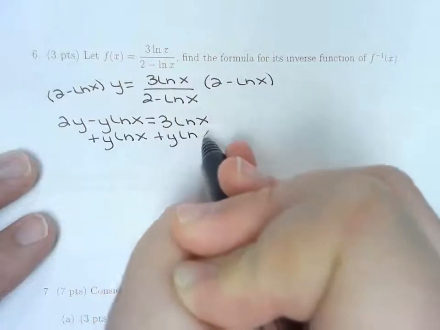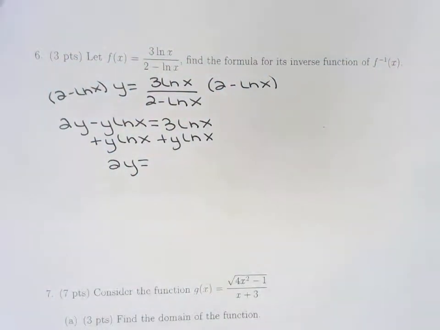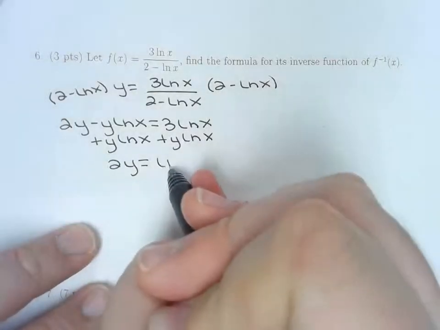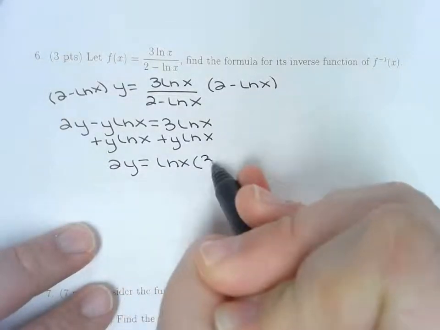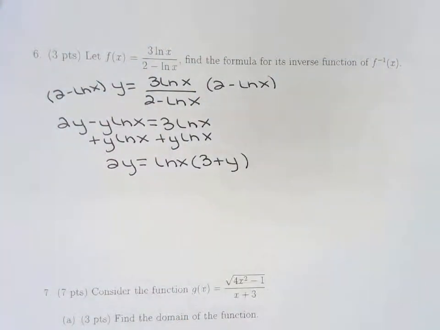What I notice is these are both ln of x's, so I can combine them. So 3 ln of x plus y ln of x, I can actually take out ln of x and just have 3 plus y left. Since they're both ln of x, I'm going to factor out an ln of x, and that will leave me a 3 plus y.